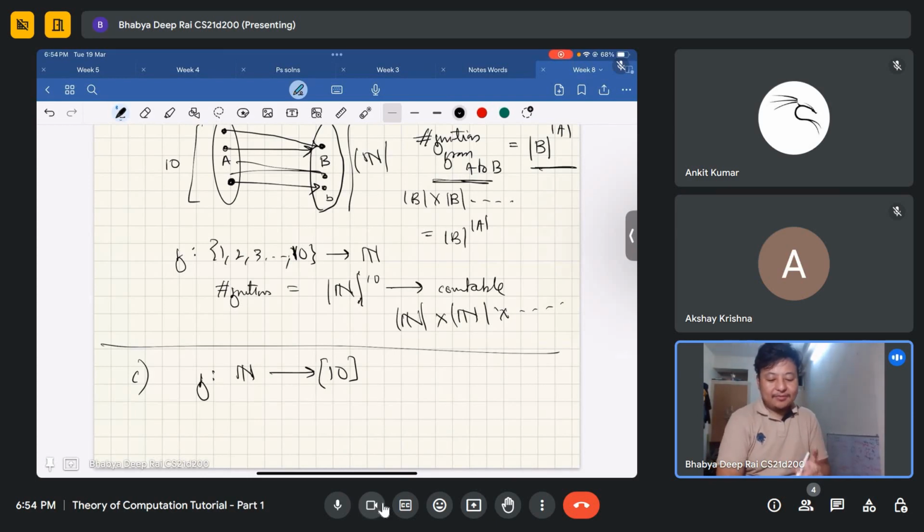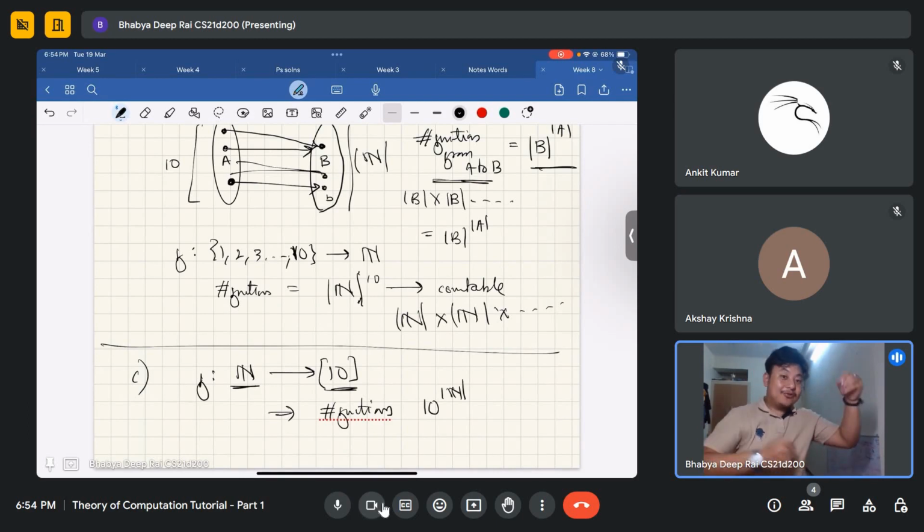Now this is interesting because what does it look like? What is the number of such functions? Second set to the power first set: 10 to the power size of natural numbers. Now we are doing 10 to the power natural number.